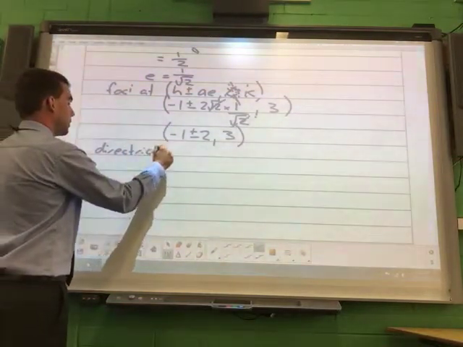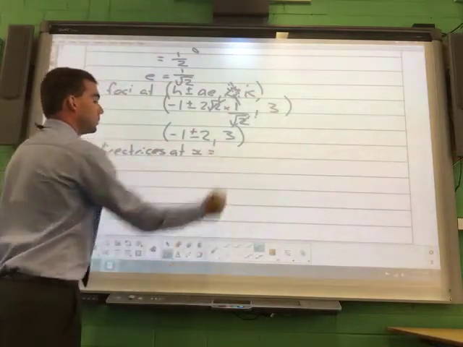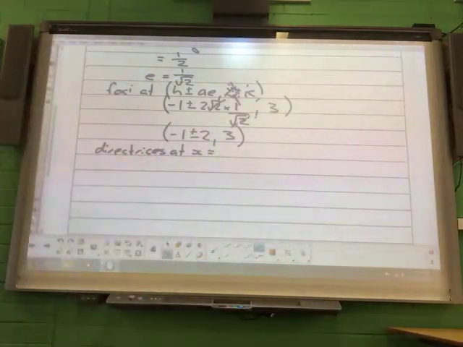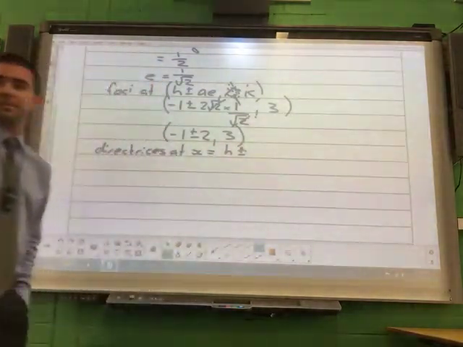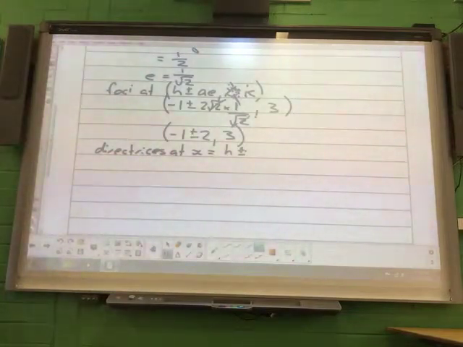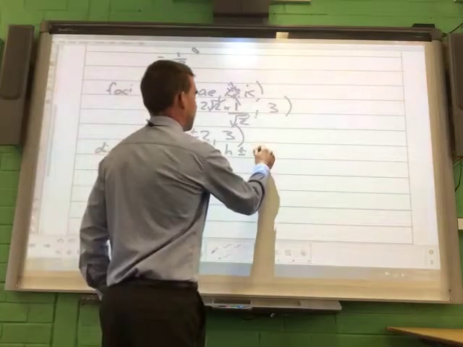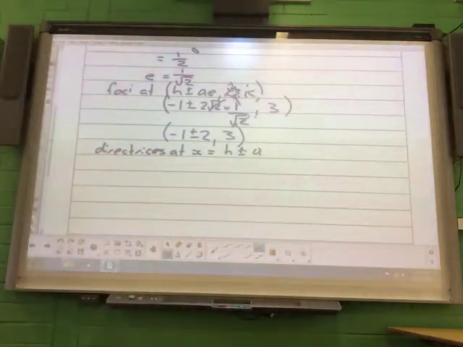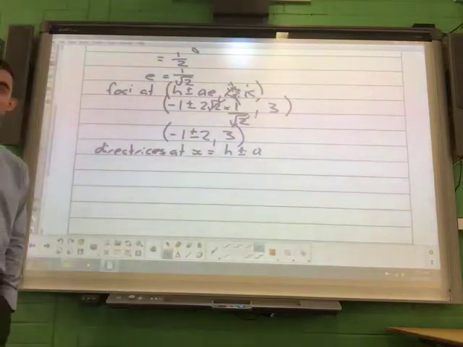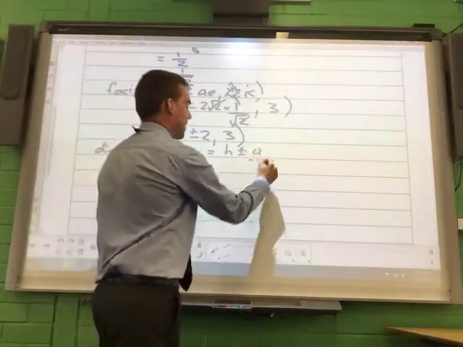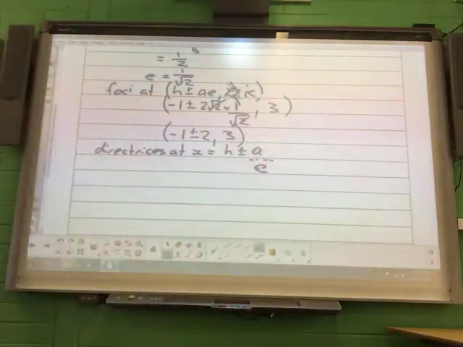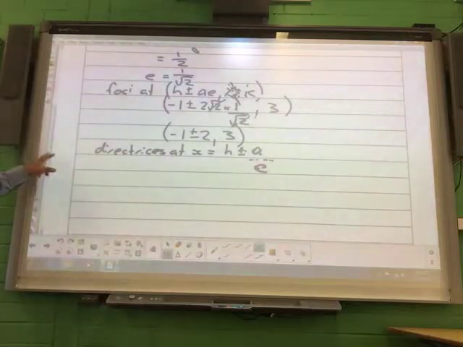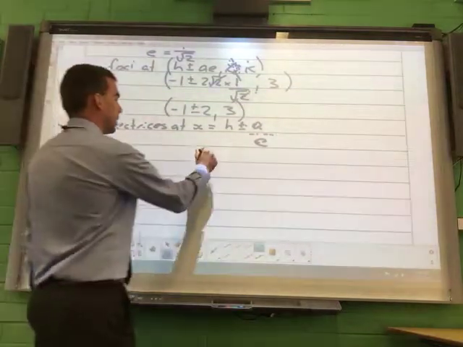Alright, vertices at x equals. Okay, so we've got the shift of the centre that we need to consider first, H, and you remember the rest of it. So for foci it's A times E, the vertices are going to be A over E. Okay, so the directrix is a line, so we don't need a y coordinate.